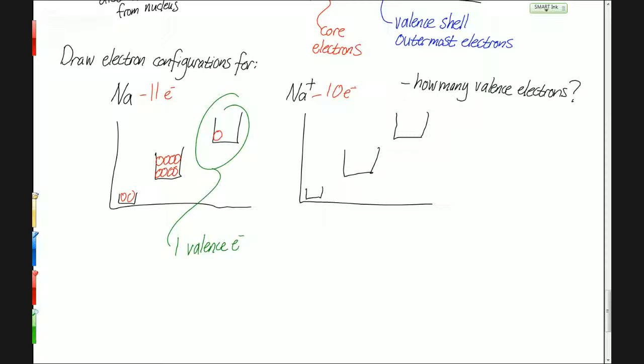Did you get 10 electrons for the sodium ion? Okay. I know we did that one earlier. So 1, 2, 3, 4, 5, 6, 7, 8, 9, 10. How many valence electrons for the sodium ion? 8. So big difference.